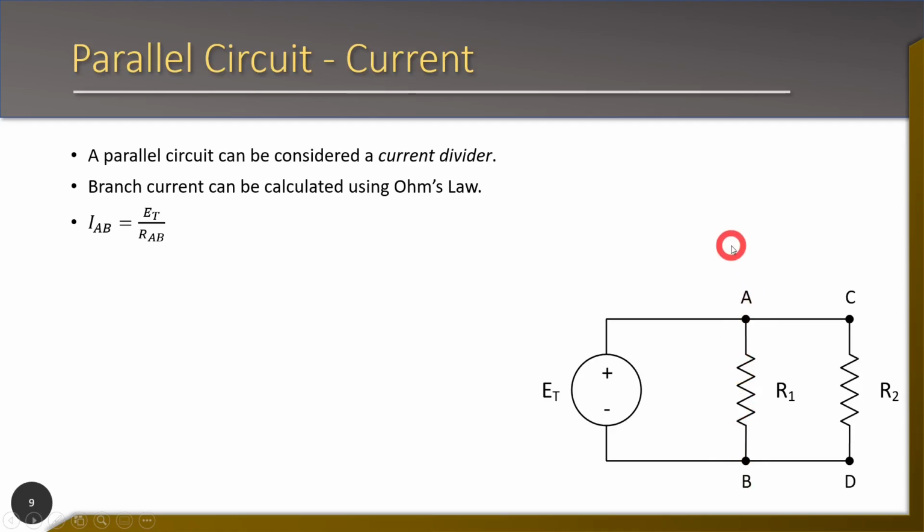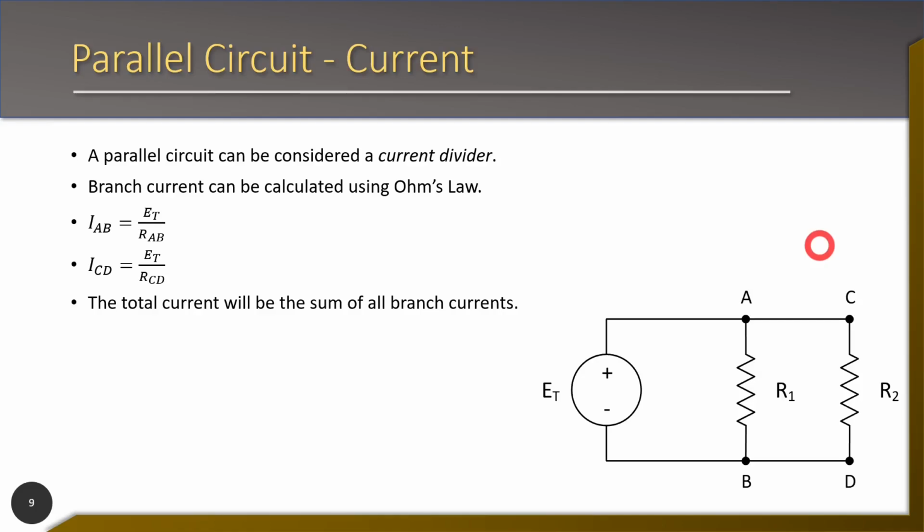It will be equal to our total voltage, because remember, each one of these branches has total voltage across it, and then the resistance across R_AB. Now, the resistance across R_AB currently is just one resistor, but it could be multiple resistors in the future. The current on branch CD is, again, that total voltage, because voltage is common in a parallel circuit, and it's going to be divided by the resistance in that branch, R_CD.